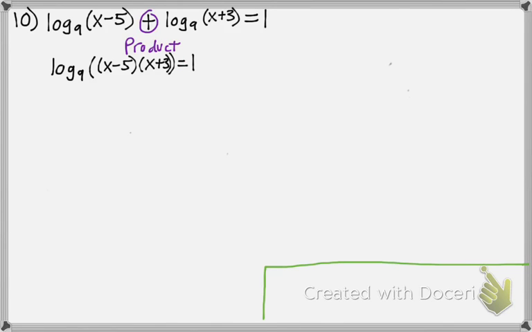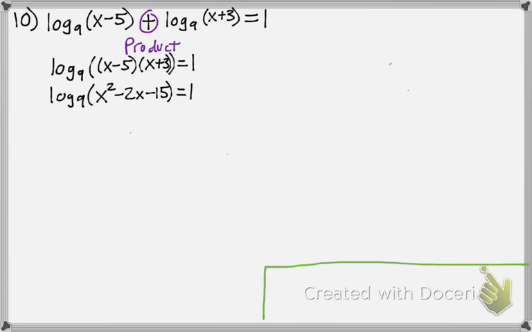And when we multiply those, that's going to be a FOIL problem. And once you FOIL those, you should get x squared minus 2x minus 15 is equal to 1.